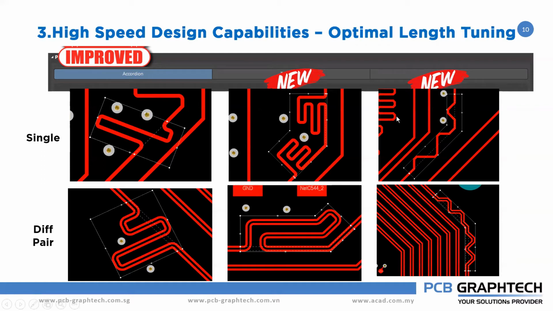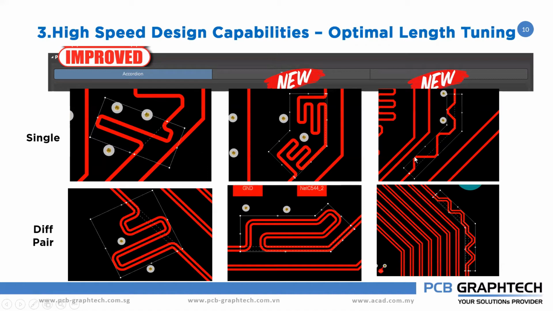If you cannot use the accordion or the trombone, you can use the sawtooth tuning. When your objects are very close, you can go for it. With the sawtooth tuning, the corners are not smooth, which is very important.